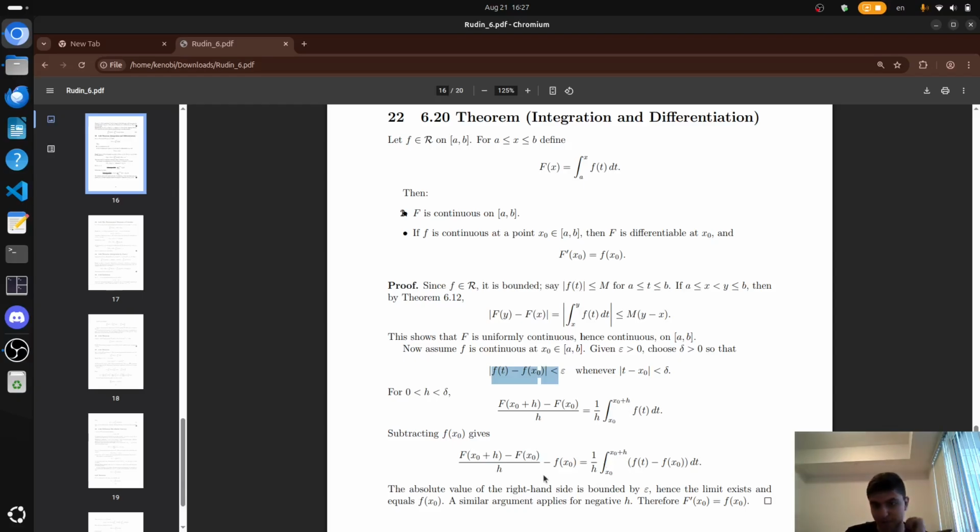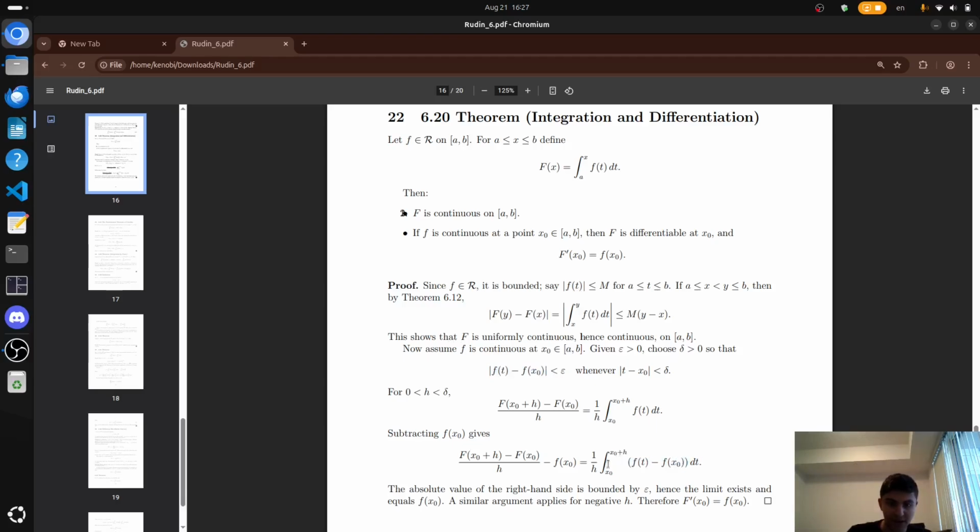So let me just think about this. Yeah, exactly. This thing over here is going to be less than epsilon. So replace this with epsilon over here.